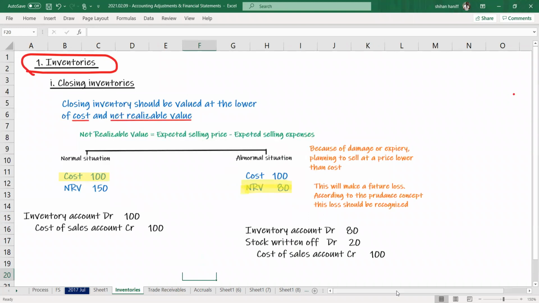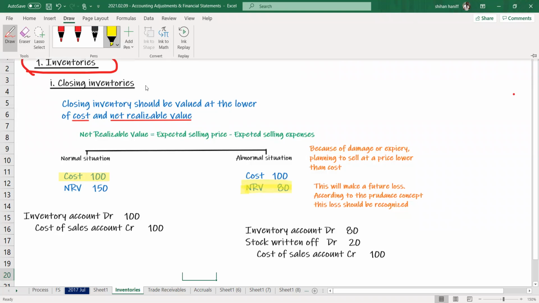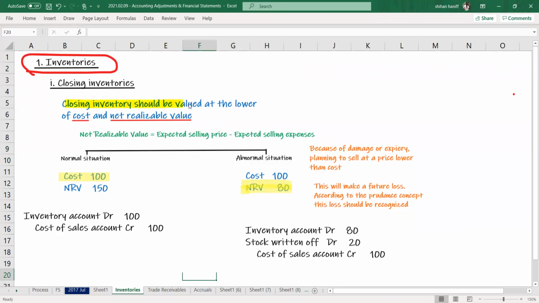This is the summary. Write the first adjustment, inventories. Under that, closing inventories. Closing inventory should be valued at the lower of cost and net realizable value.